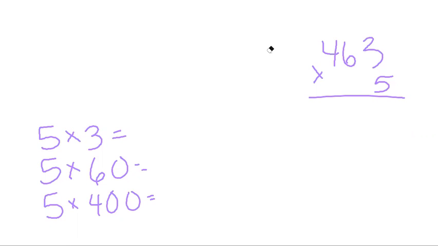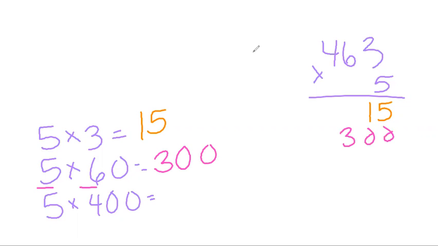5 times 3 is 15. And we'll put my answer over. 5 times 60, 30, and 10, 300. And then I'm going to do my 5 times 400 is 2,000.